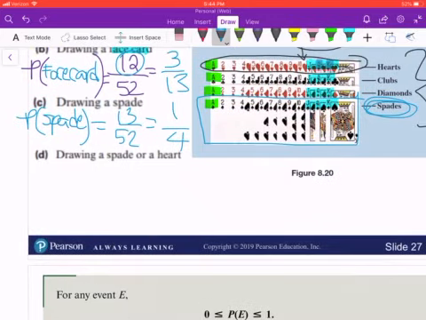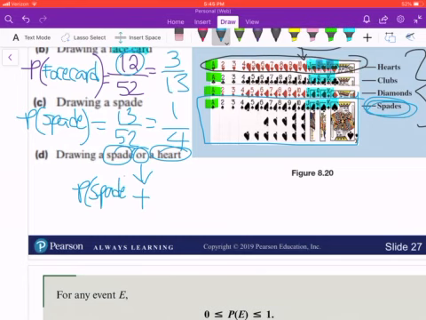Next problem, it says, what is the probability of drawing a spade or a heart? In this case, because drawing a spade and drawing a heart are mutually exclusive events, they're disjoint events, they have nothing in common, we will just have to add the probability of drawing a spade plus the probability of drawing a heart.